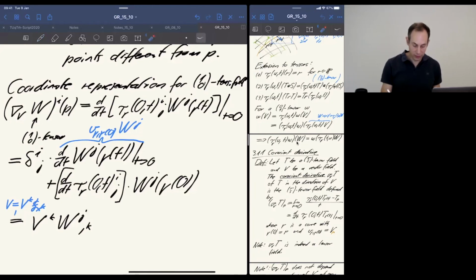Now for the second term, we have to remember something from the last lecture, namely one of the basic properties of that thing. And maybe let me add here that this has to be evaluated at t equals 0.